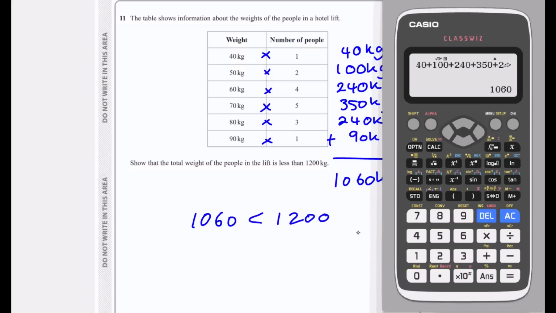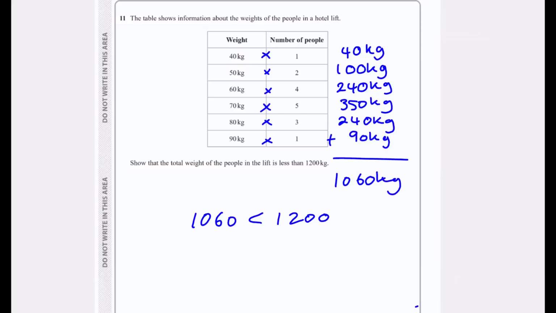And that is all we had to show. We could have done it all in one calculation, but we would have had to write down our working, because it does say show that. And we get the same answer.